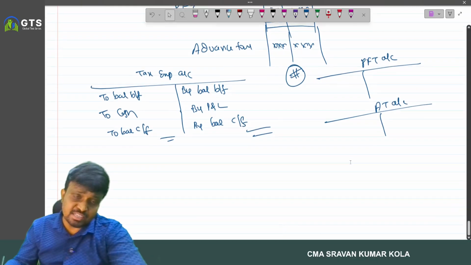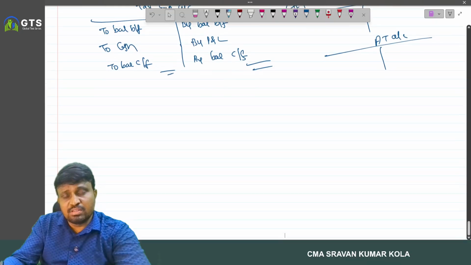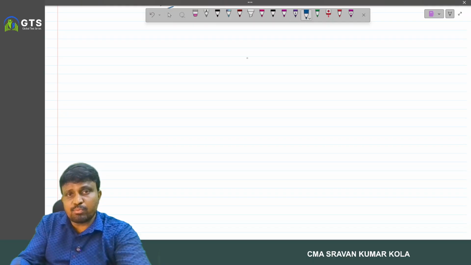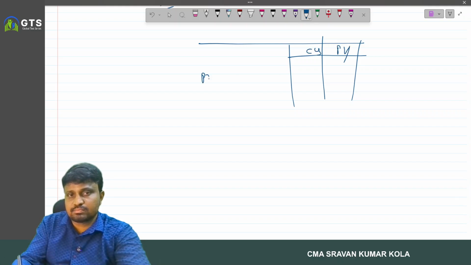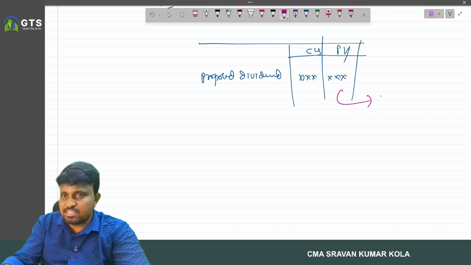And one more important point: if we have proposed dividend in the given case, then we consider it as dividend paid in the current year.